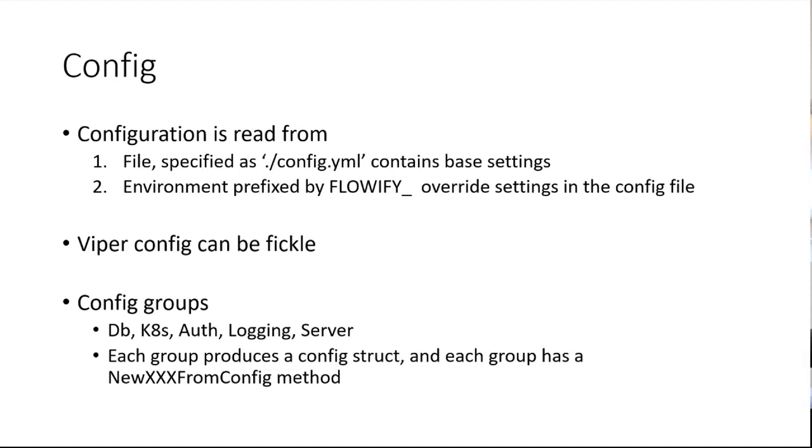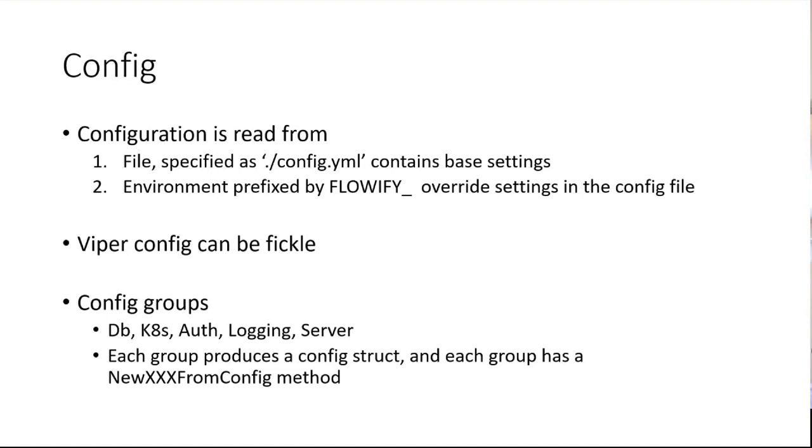Okay, so Viper is the package that we're using. It's a little bit fickle. If you try to override a config that was not in the YAML file, it doesn't work as you want. So it's just good to pay attention to that.